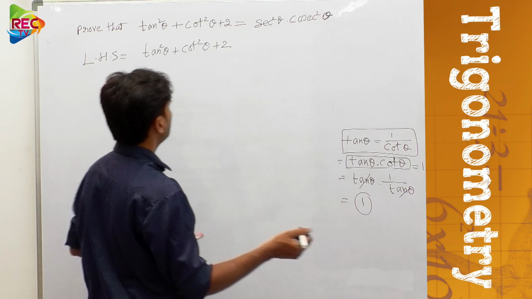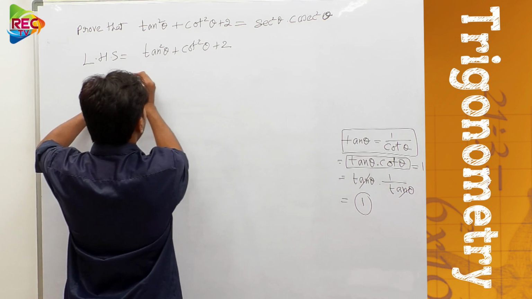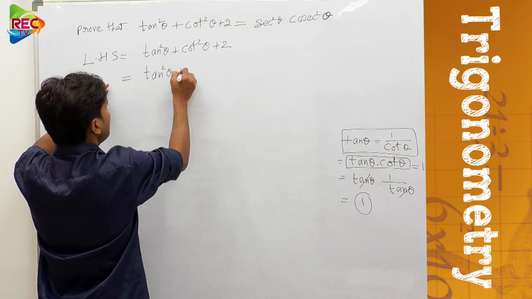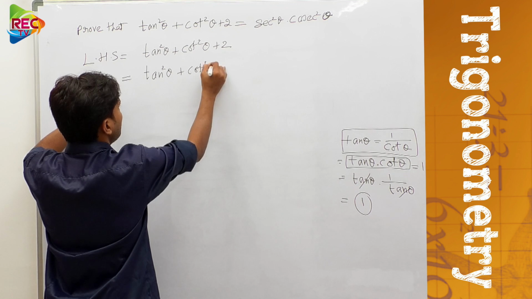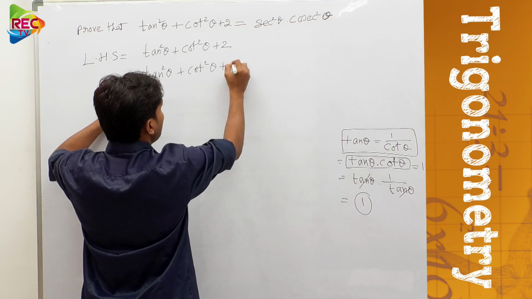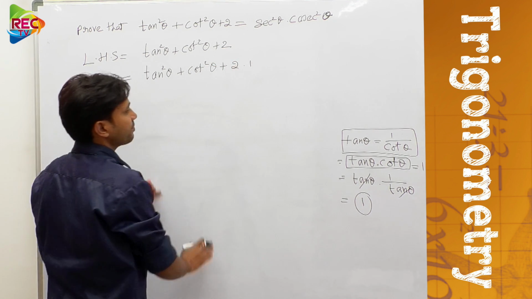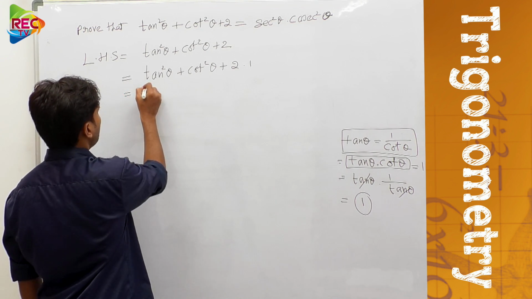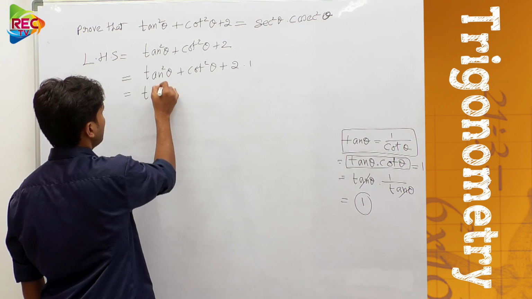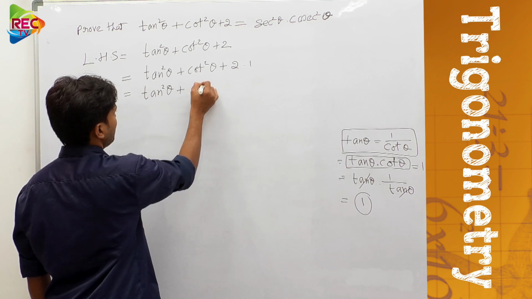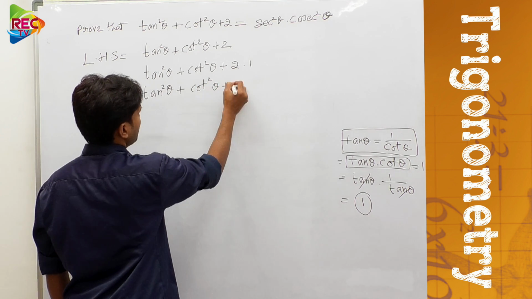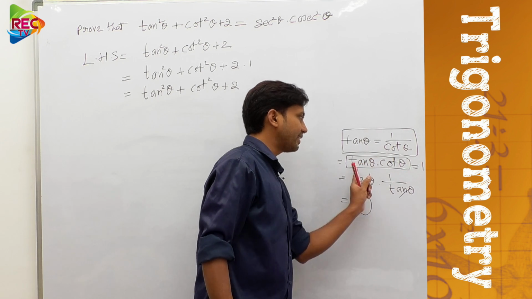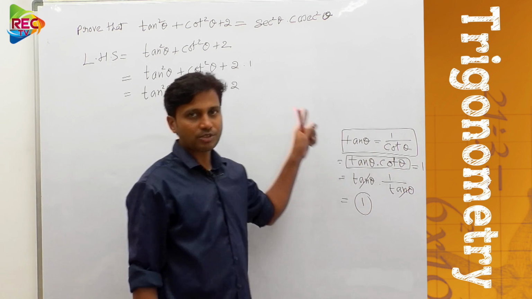So simple. So here can we rewrite this expression tan square theta plus cot square theta plus 2 as 2 into 1 or not? 2 can be written as 2 into 1. So now this can be further written as tan square theta plus cot square theta plus 2 into, see, 1 means what? Here can we write 1 as tan theta into cot theta, in terms of tan and cot?